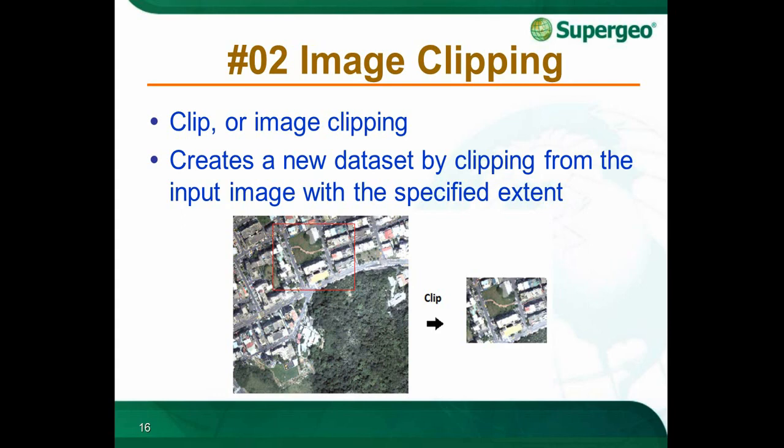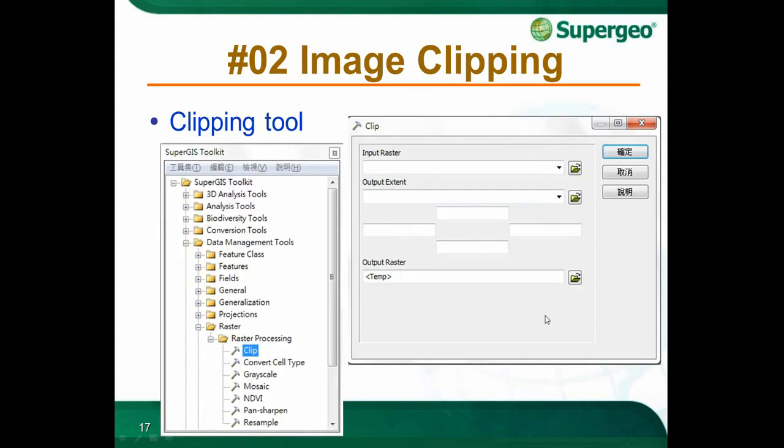Now in the second part we're going to talk about image clipping, which creates a new data set by the clipping function from the input image with a specific extent, as you can see in the picture below. We can also clip some area, a region, and make it a new data set.